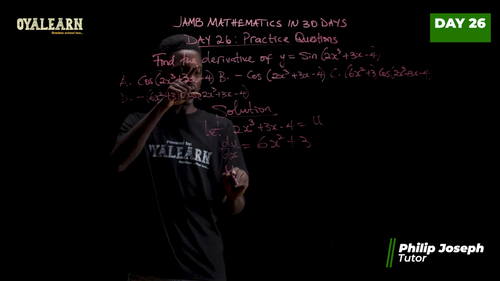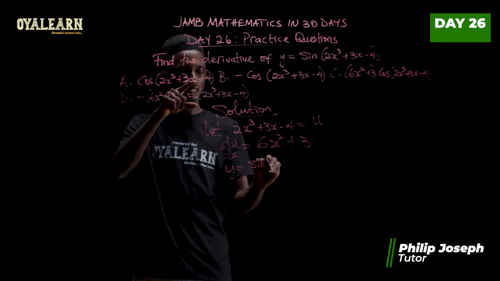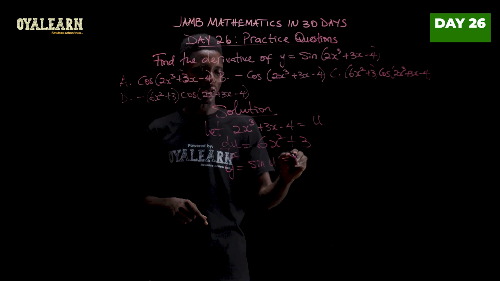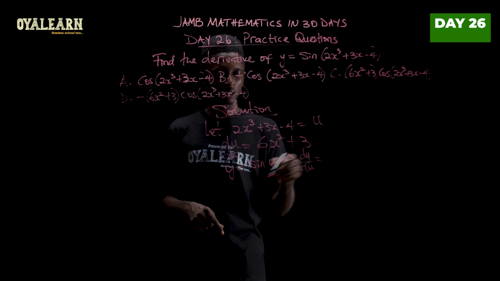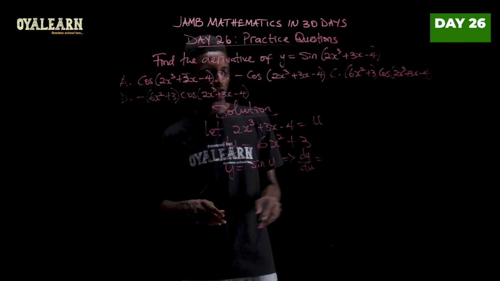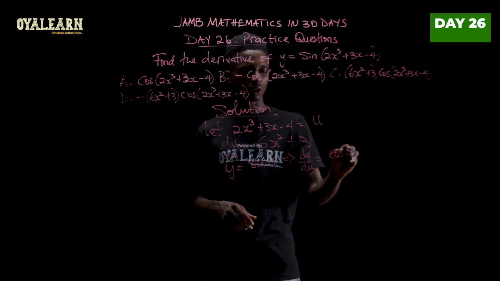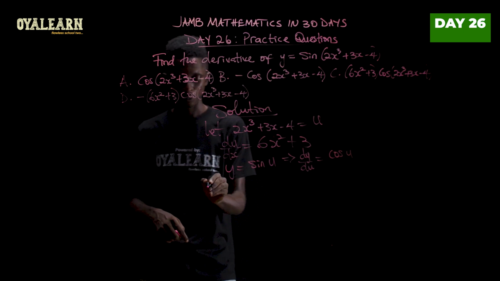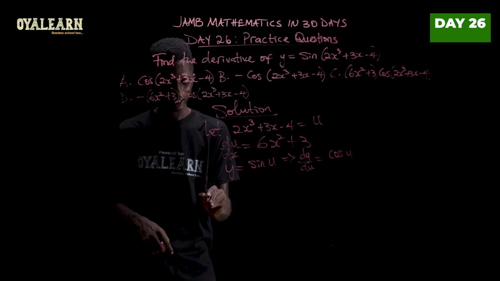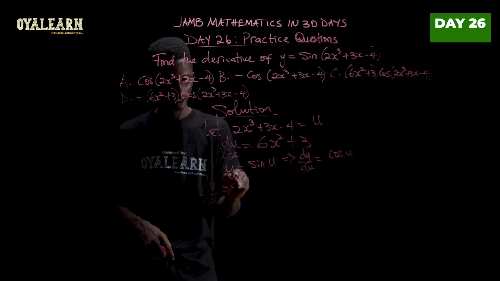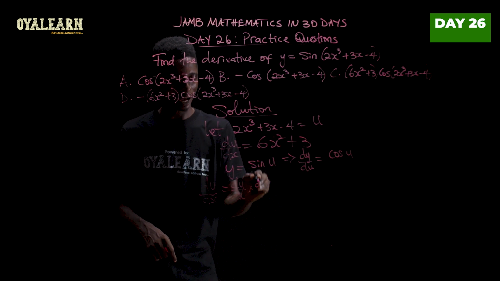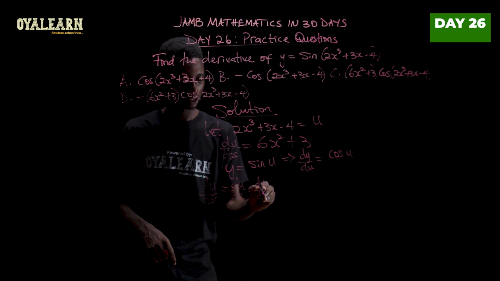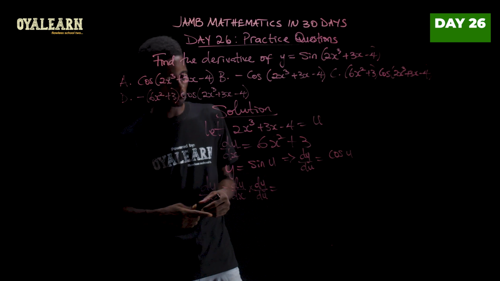Now, y therefore becomes sine u, which implies that dy/du, the first derivative of sine u, gives you cos u. So bring them together. dy/dx will then be du/dx multiplied by dy/du.